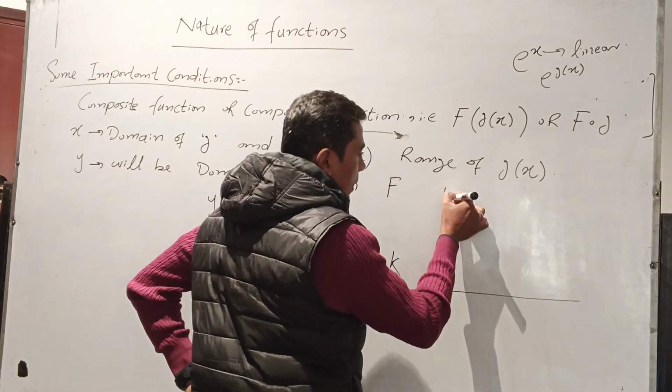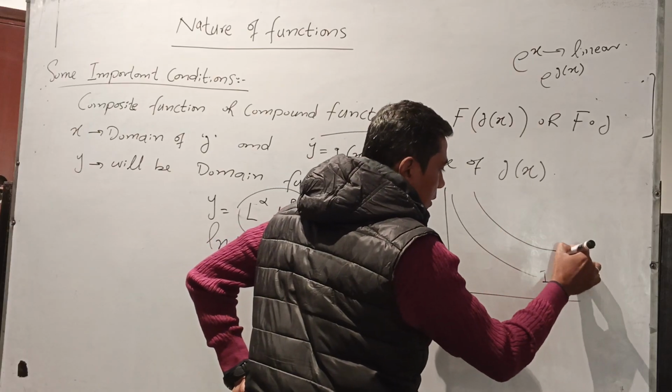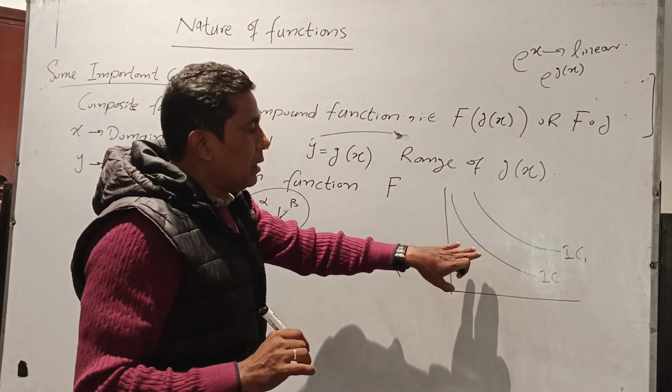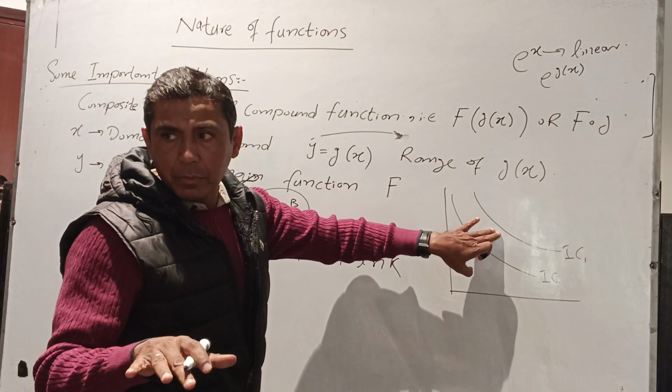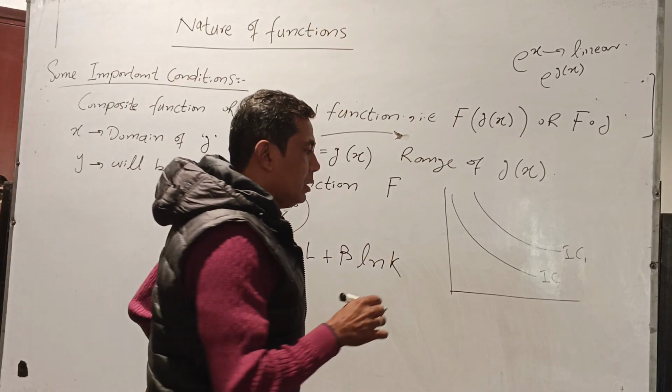Now, for example, this is one IC and this is another IC. Ultimately the level of utility will be lower compared to this one. This is a kind of monotonic transformation.